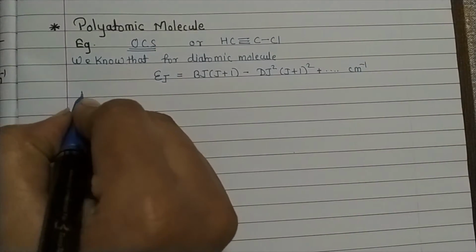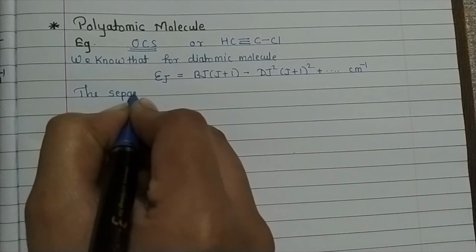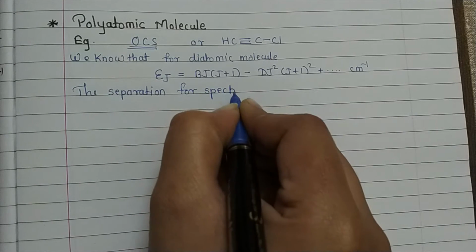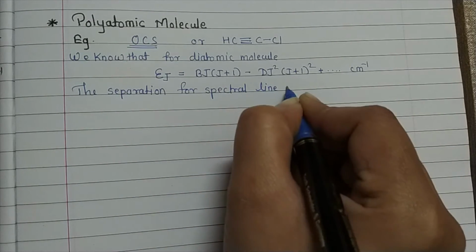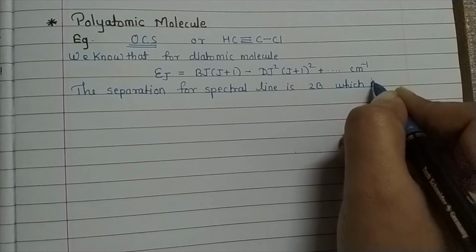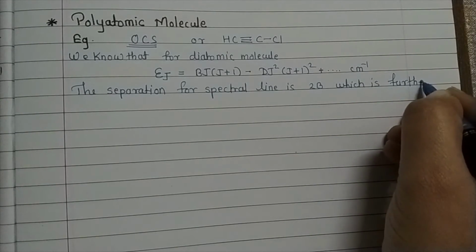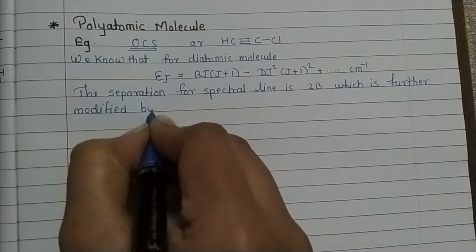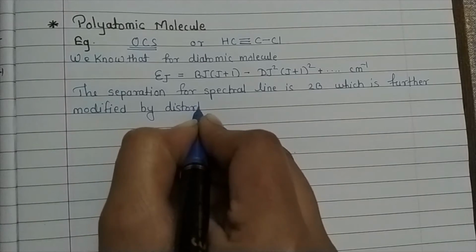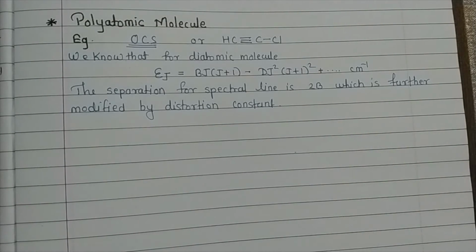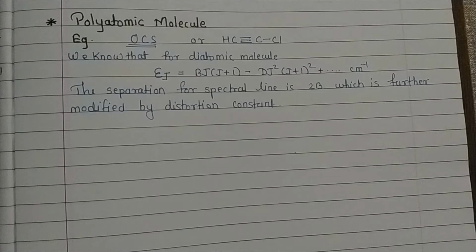So for this, the separation for the spectral line is 2B, which is further modified by the distortion constant. Okay, so we will consider the rotation spectra of polyatomic molecule one by one.